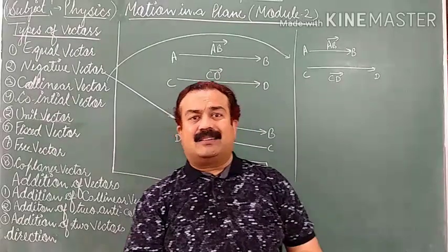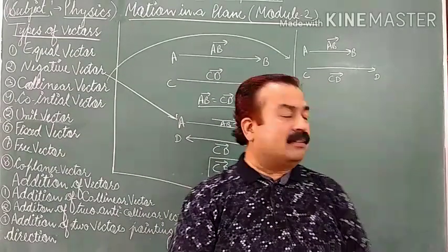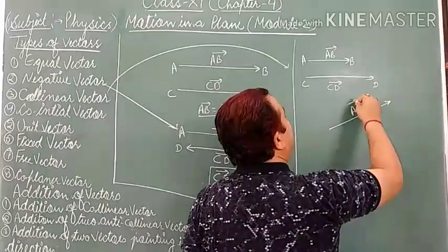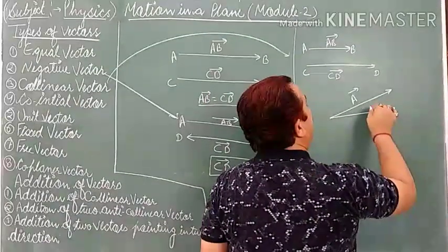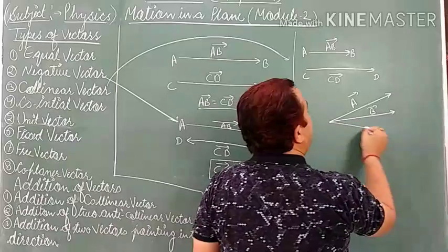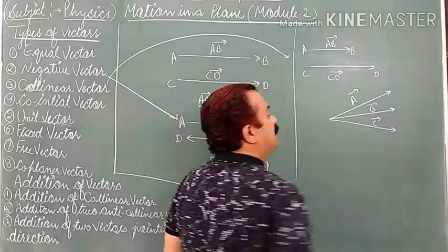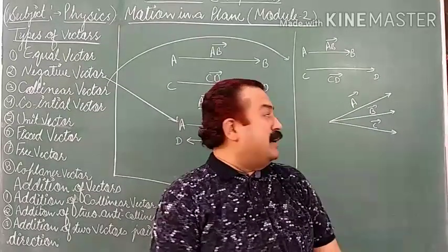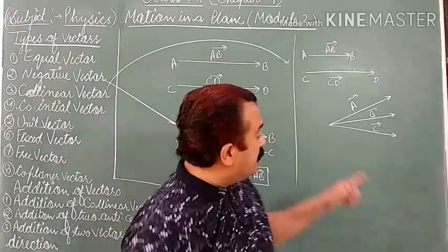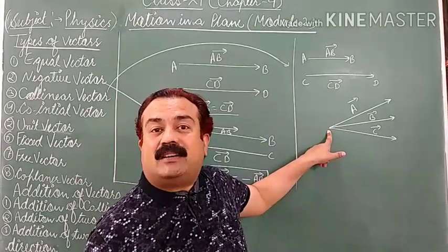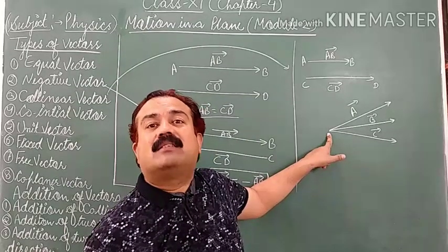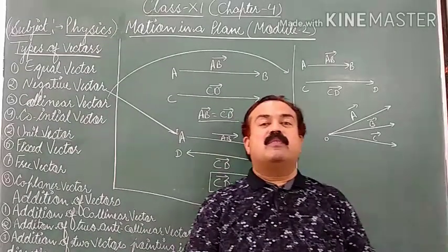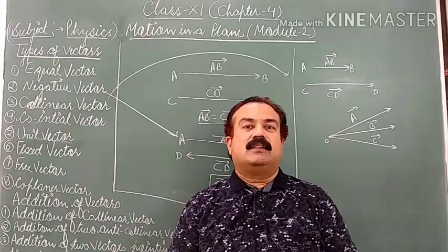If one vector is starting from this position in this direction, another vector is starting from the same position in another direction, and another vector is also starting from the same position but in another direction, these three vectors have different directions and maybe different magnitudes, but because they start from the same point, they are called co-initial vectors.